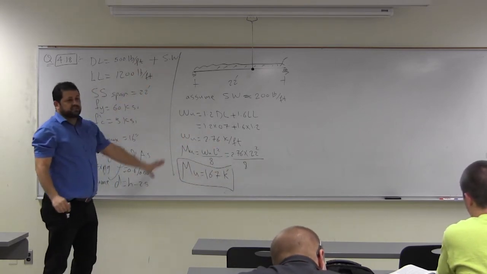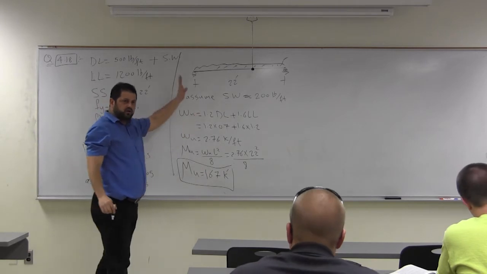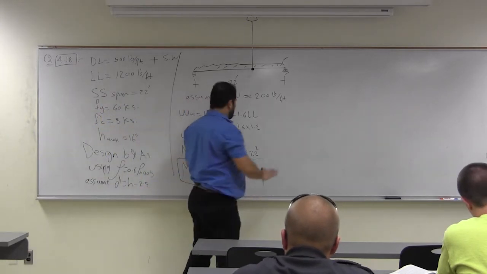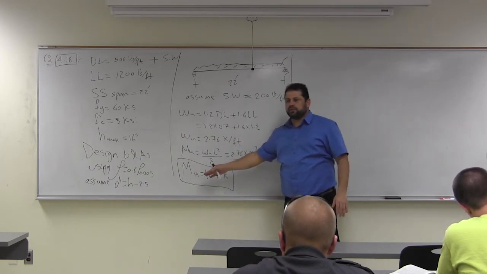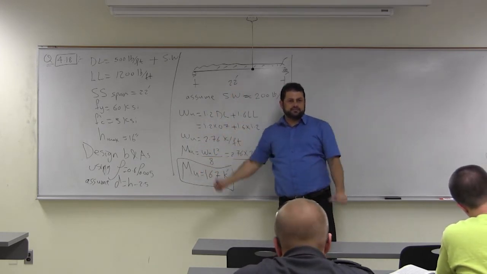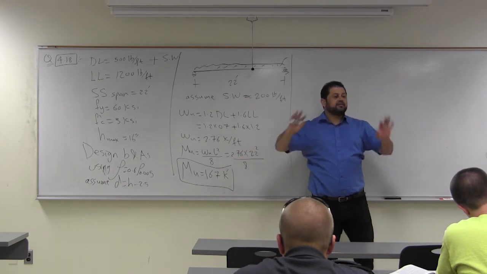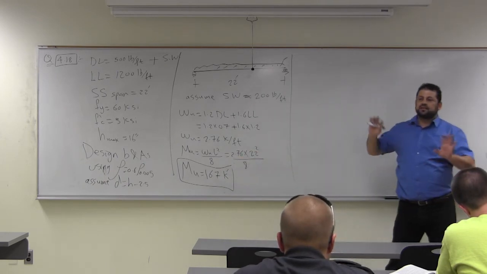That's structural analysis so far. All of this is structural analysis. Now we need to design. A structural engineer gives you this moment. He's telling you design. The philosophy of the design is the following.